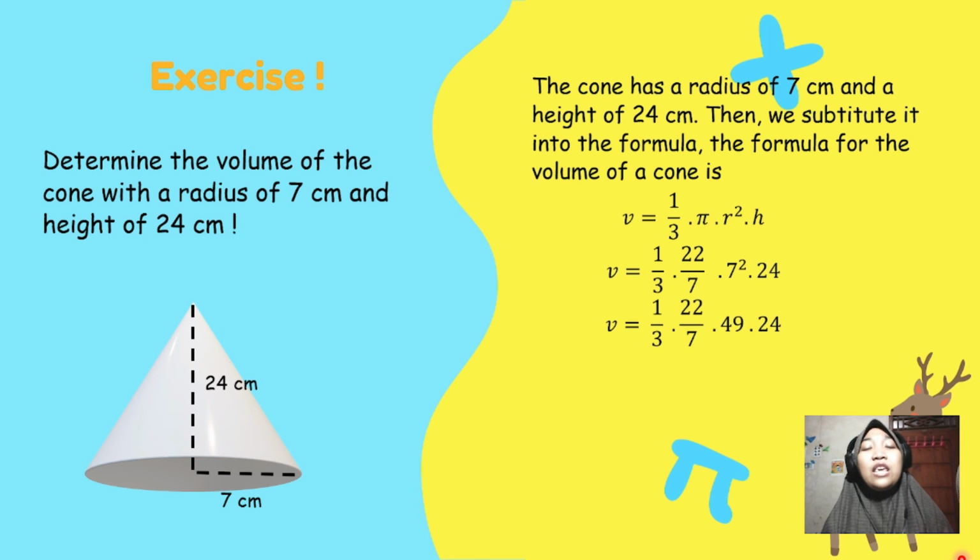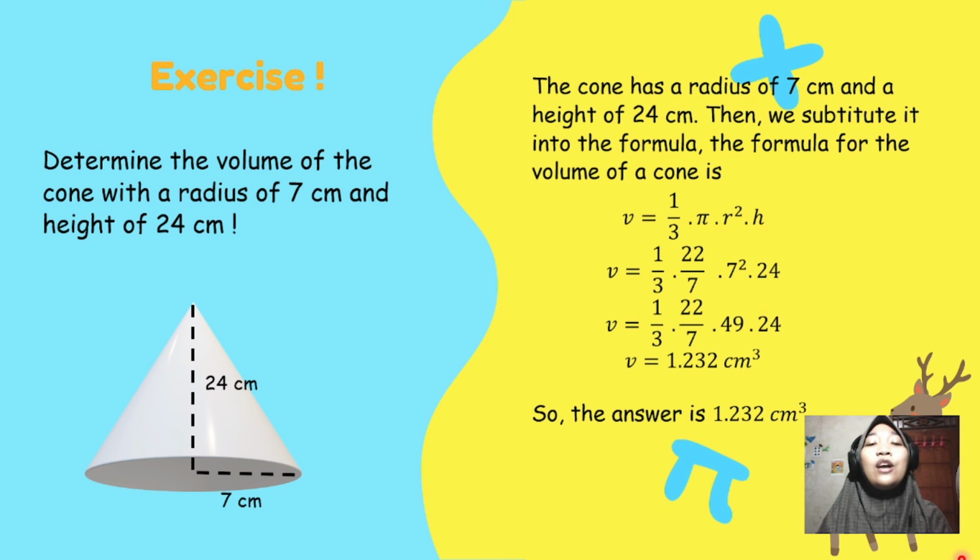Next, V equals 1 times 22 times 49 times 24 divided by 3 times 7. So the volume of the cone is 1232 cubic centimeters.